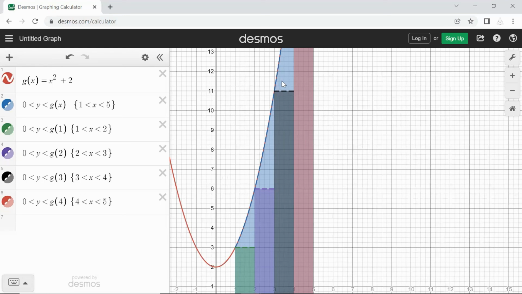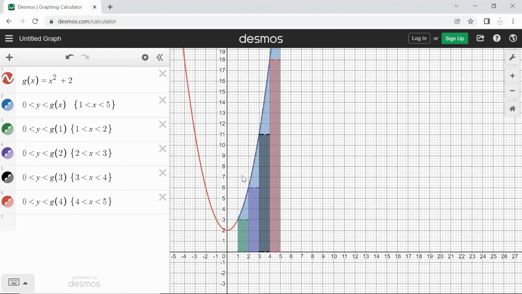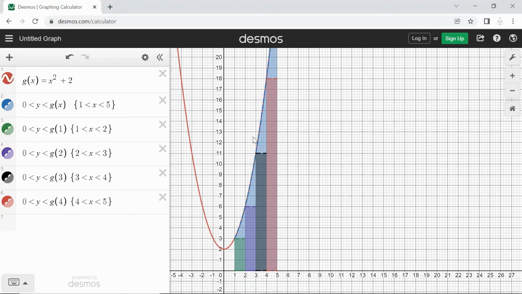But in this case, with the left-hand rule, they're all underestimates. So I know the area is going to be above 38. And when I used the right-hand rule, I knew the area was going to be below 62 because all of those were overestimates. But we don't always get that in every scenario.